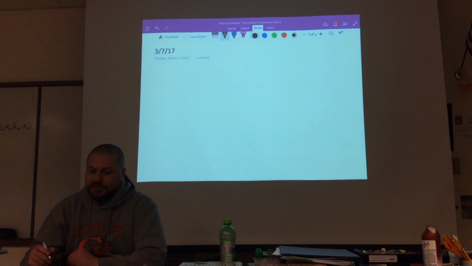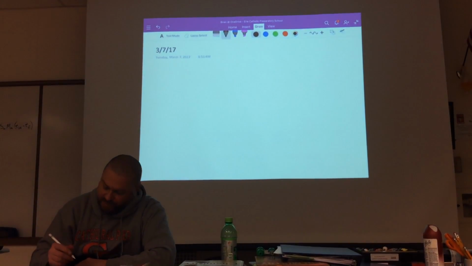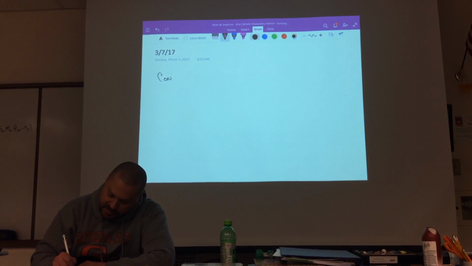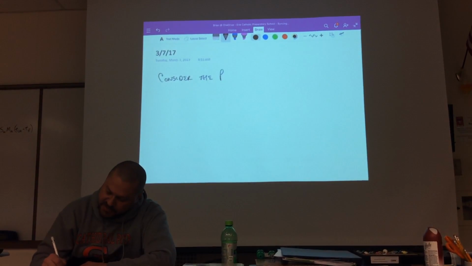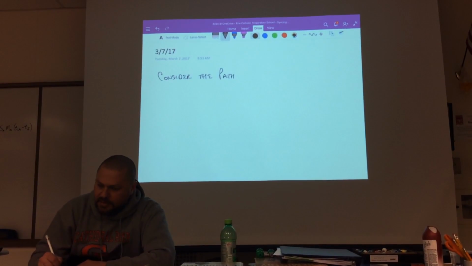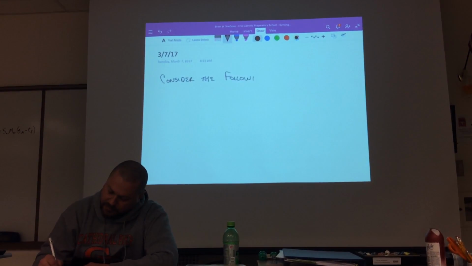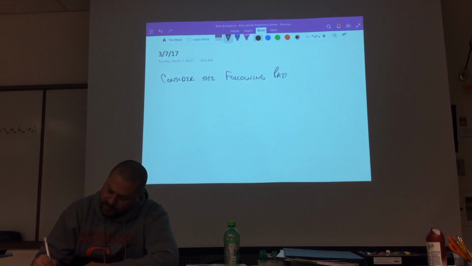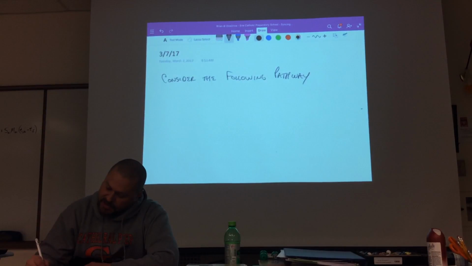Okay. So let's start out here. Consider the following pathway. Consider, because the pathway is irrelevant. Any pathway is valid. Consider the following pathway from reactants to products.